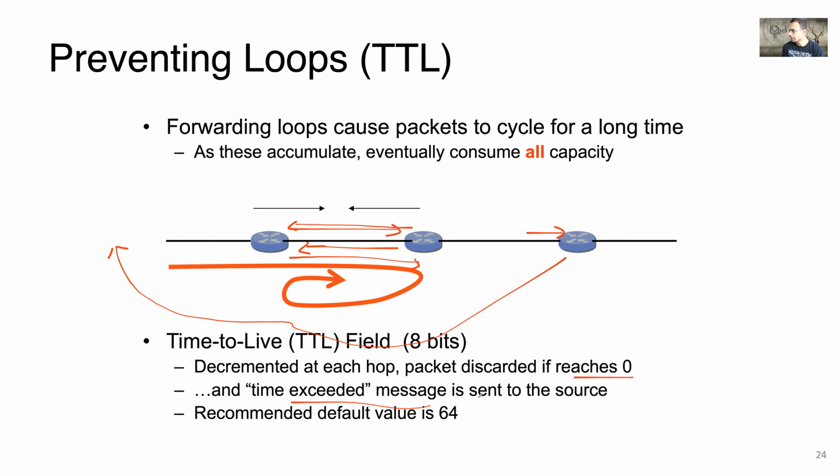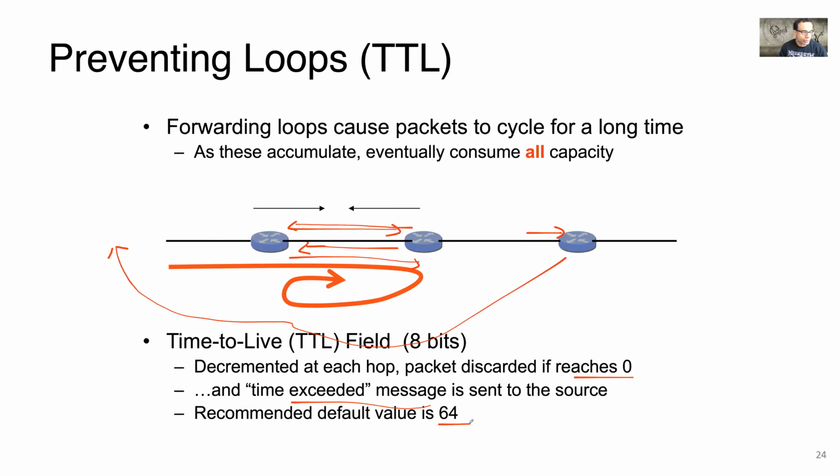Now, there are various different recommendations on what should be the default value. It says here the recommended default is 64, but again, it's very implementation specific. Some could use higher, some could use lower values, right? Does the router reduce the TTL? Yeah, I think I said that, right? Each time a router forwards a datagram, it reduces the TTL by 1, essentially.